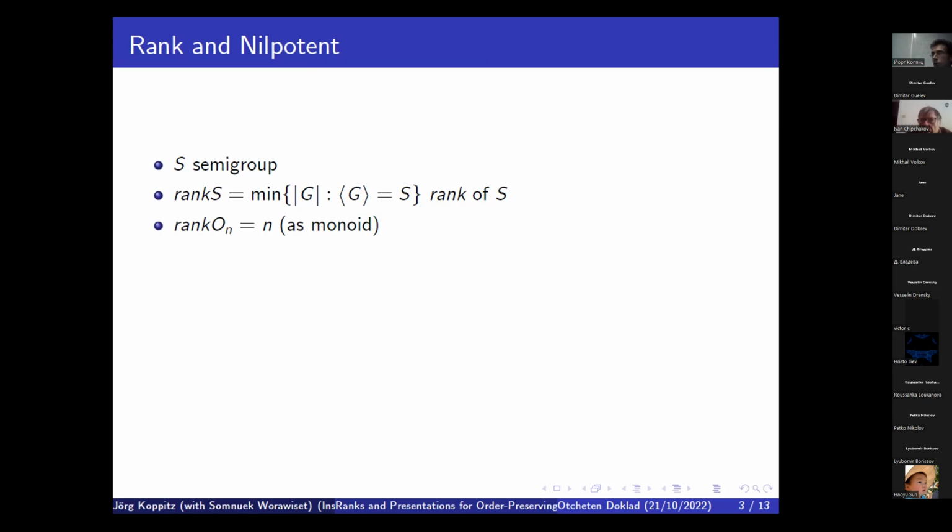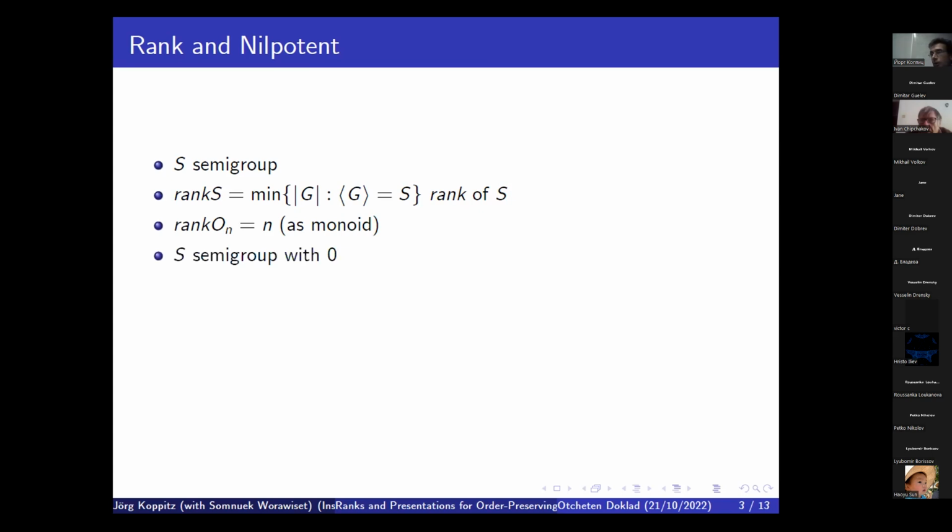I have to say that it is considered as a monoid, so the identity mapping is every time included in the generating set. Otherwise, if we do not consider it as a monoid, the rank of On is n plus 1 because we have to add the identity mapping, which is the only permutation in this semigroup On.